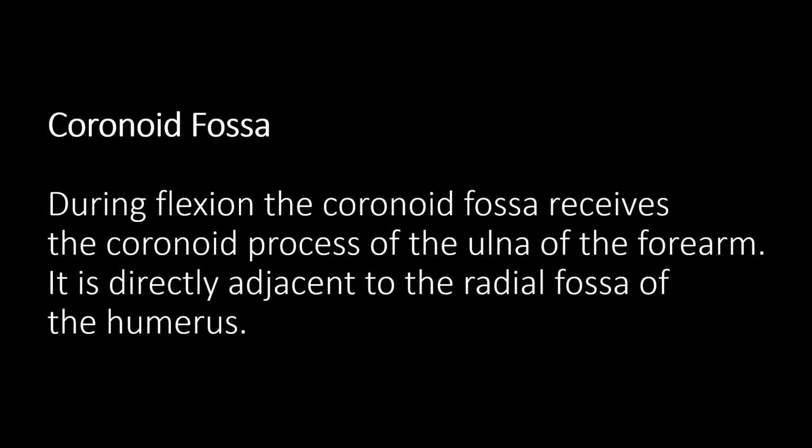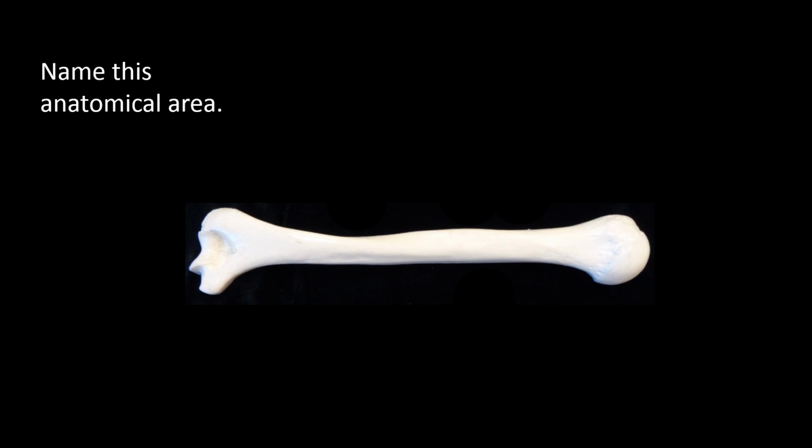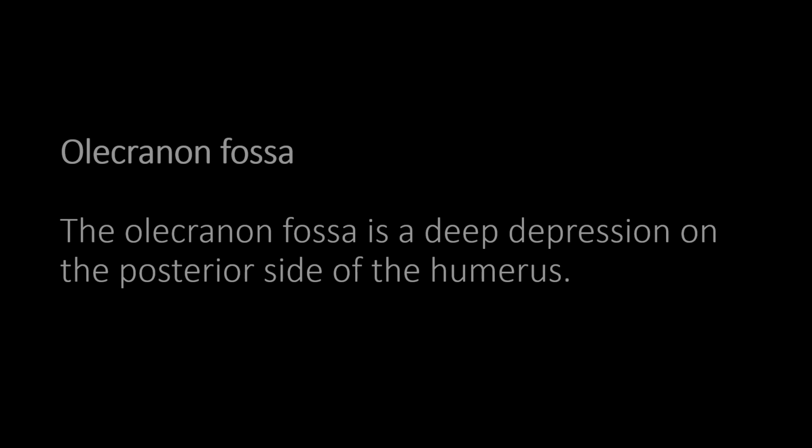It is directly adjacent to the radial fossa of the humerus. Name this anatomical area. Olecranon fossa. The olecranon fossa is a deep depression on the posterior side of the humerus.